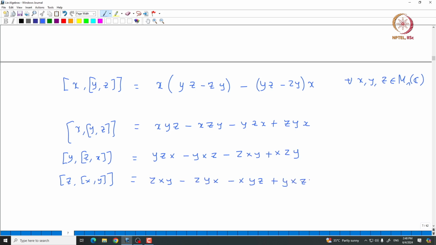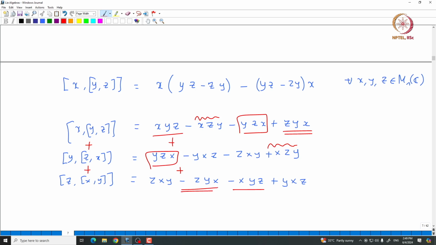So now you can see that these terms exactly get cancelled when you add them. If we add all these terms, then this term corresponds to this, so they get cancelled, and this xzy is getting cancelled with this, and this yzx is getting cancelled with this, and zyx is getting cancelled with this.